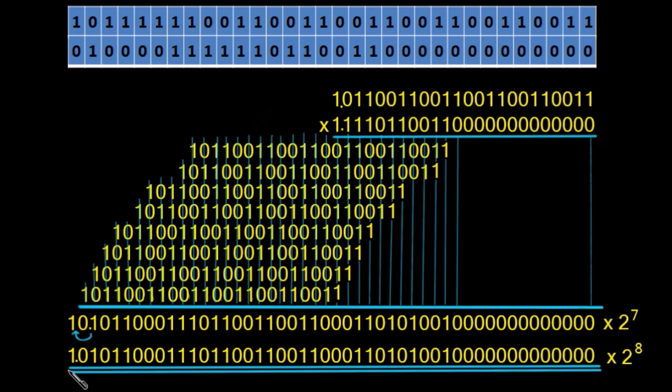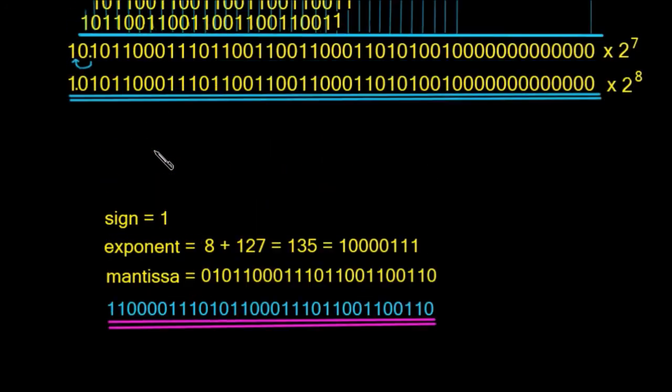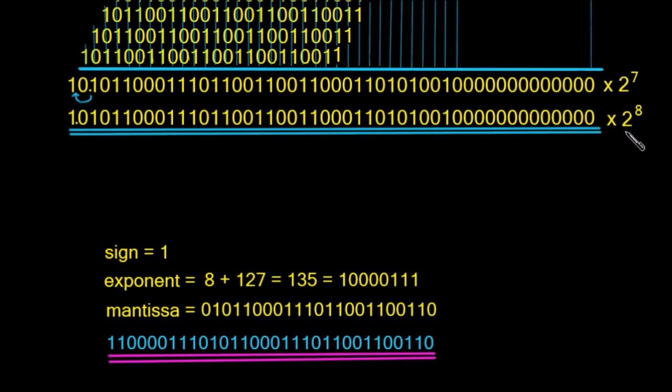So let's go ahead and figure out the final answer. We know that we're going to multiply together a positive number and a negative number. So the answer is going to be negative. So it means that the sign bit is going to be a value of 1. And we've already worked out what the exponent is going to be. So the exponent would finally be 2 to the power of 8.